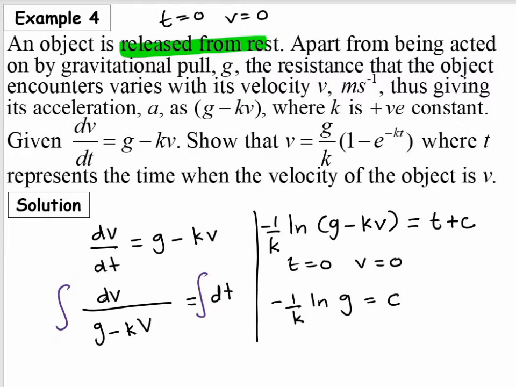So this is the value of our c. Now we substitute our value of c here. The equation becomes negative 1 over k ln g minus kv equals t minus 1 over k ln g, which is our value of c.